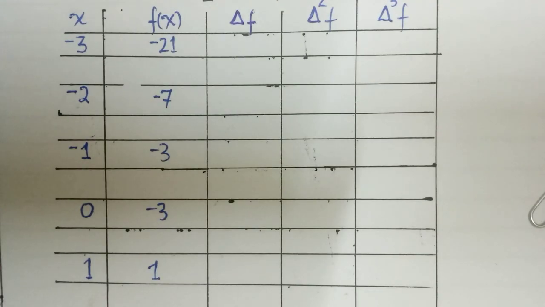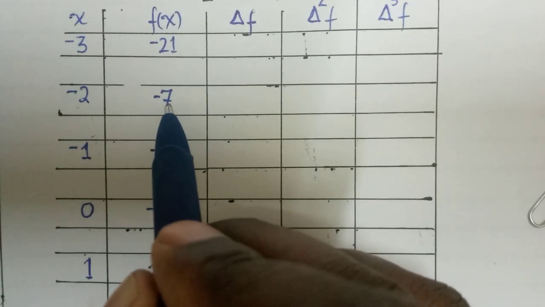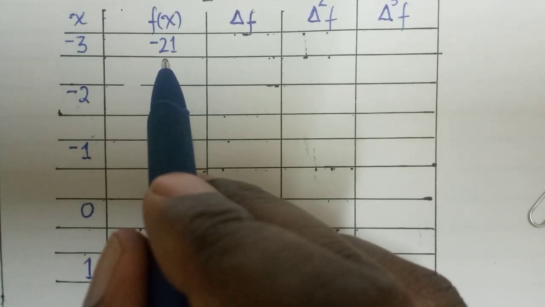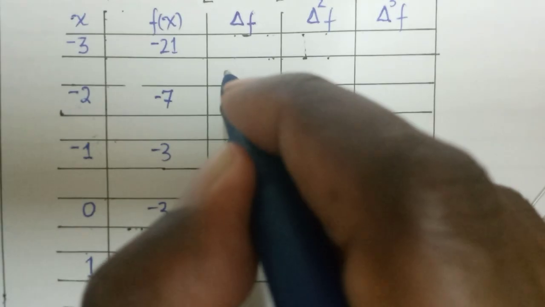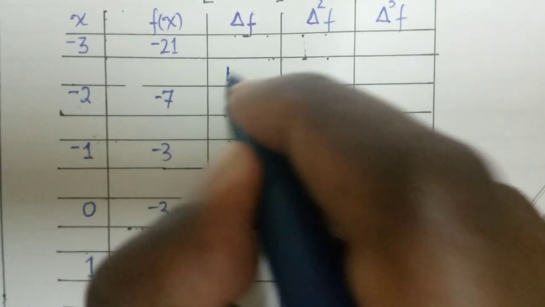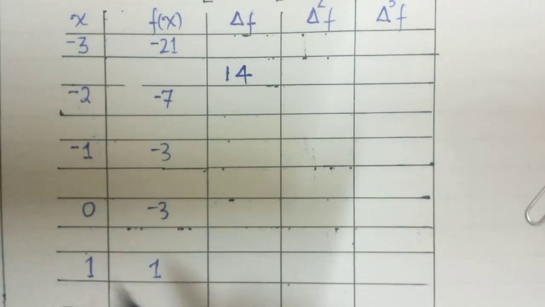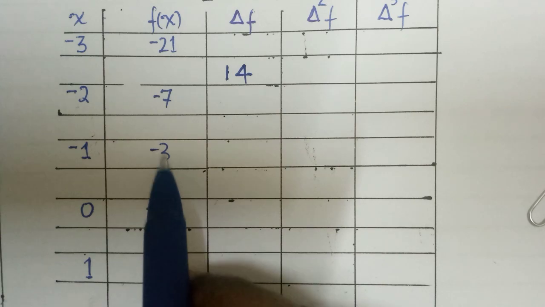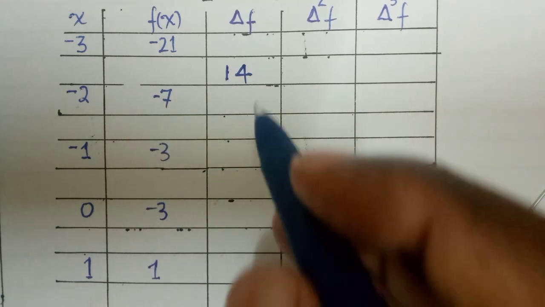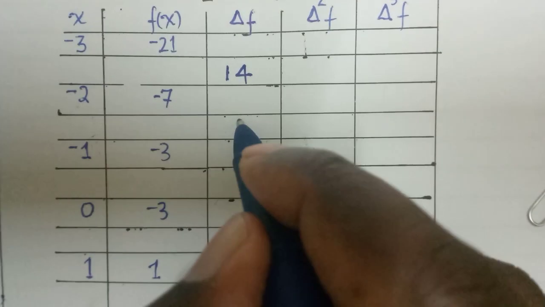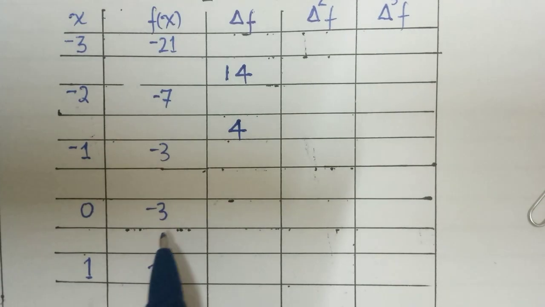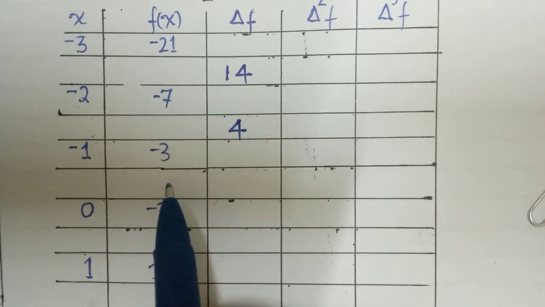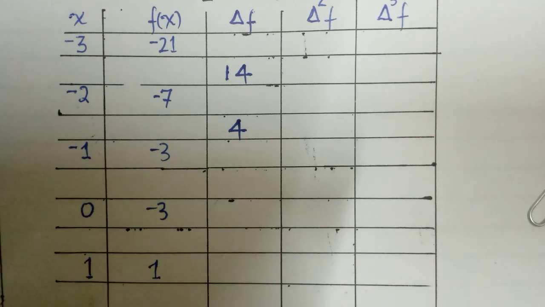So guys, let's start and see what now happens. We'll say negative 7 minus 21. That one will give us now 14. We put our 14 there, like that. We come negative 3 minus 7. This one now will give us 4, like that. We also now come to minus 3 minus 3.